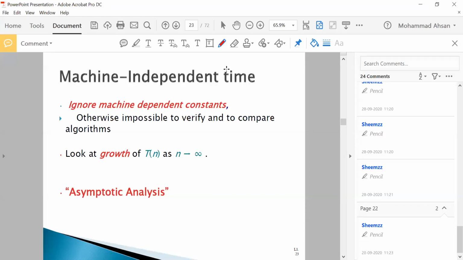Sometimes the performance of some algo will go up as n increases, but as n tends to infinity, it will dip down again. So we have to consider that as well. That's why we'll go with input size for comparison of algorithms. So look at the growth of your T(n) as n tends to infinity.